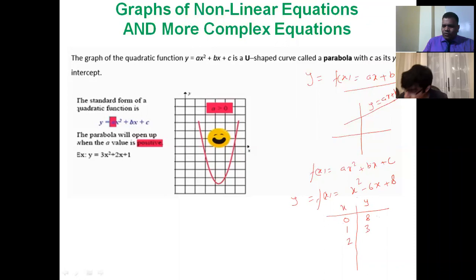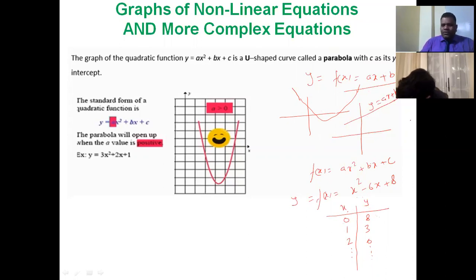And if I put x equal to 2, it is 4 minus 12 plus 8, which is 0, etc. So you get many values for y and many values for x, and you take a 2D system and plot them, and you'll get a graph something like this. So the simplest way to plot any graph is to create a table, get different points, put a dot for all the points and join all the dots, and you'll get the graph.